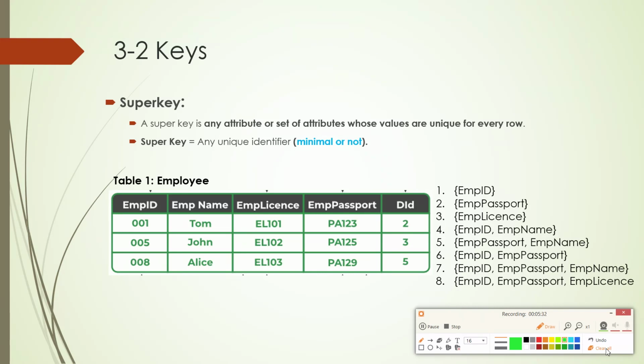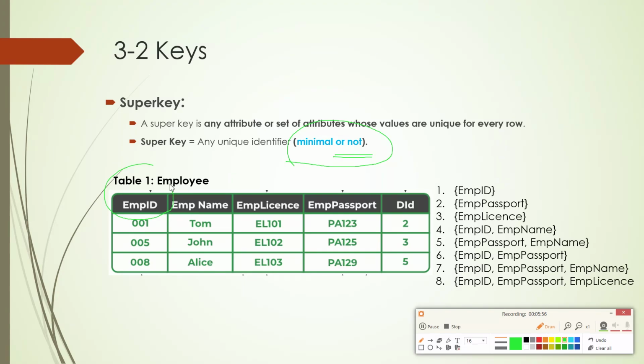One more thing which is important when we are defining the super key, we should consider this. A super key may or may not be minimal. By minimal, we mean that when we select the primary key, that should be the minimal one.